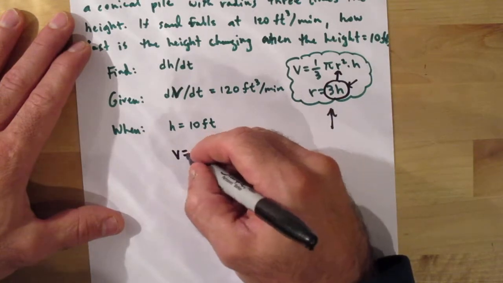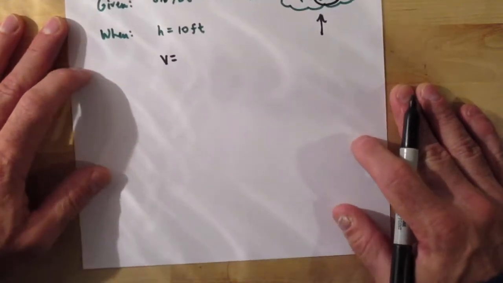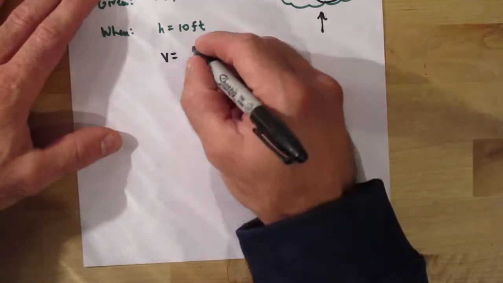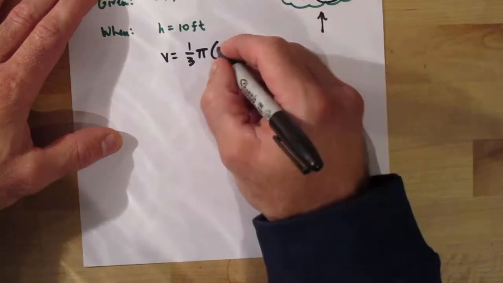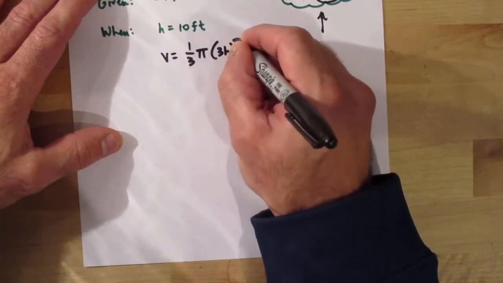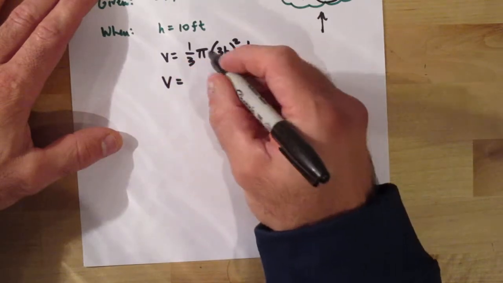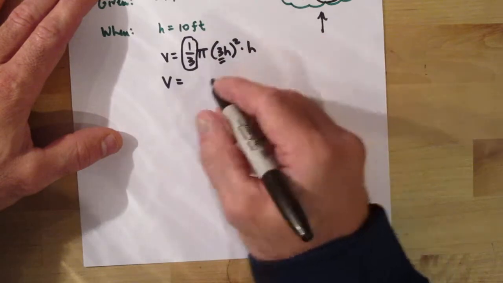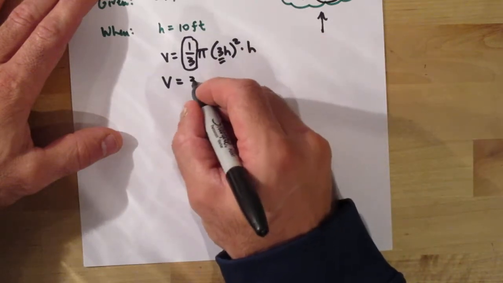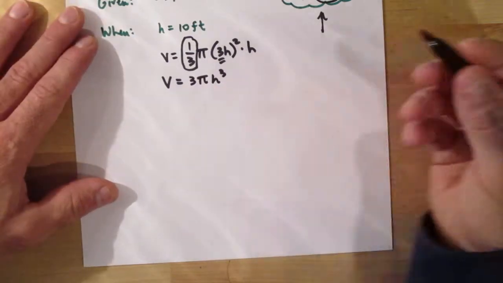So the volume formula is going to be 1/3 pi times, instead of r squared, we'll go 3h squared times h again. The 1/3 out here and the 3 squared right here will reduce, giving me 3 pi h cubed.